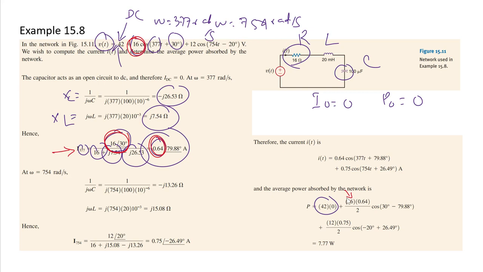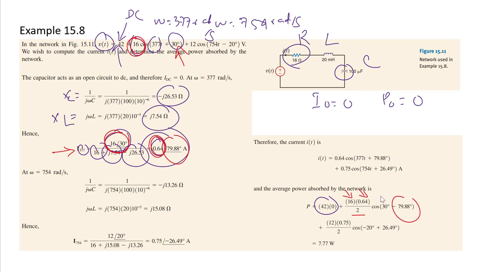So this is 16, this is 0.4 divided by 2, and cos of the initial angle that's written in here, and the angle that is added due to this component is also subtracted. So cos of 30 degrees minus 79.9 is the difference between the current and the voltage angles. So this is written in here.